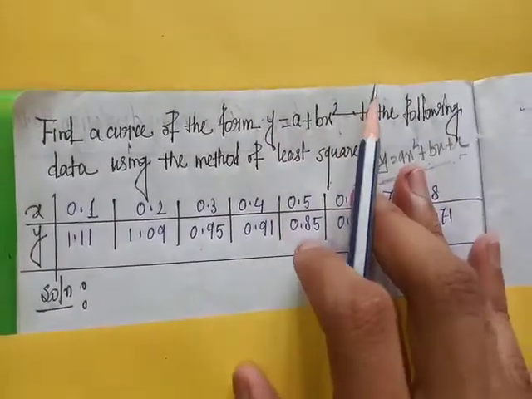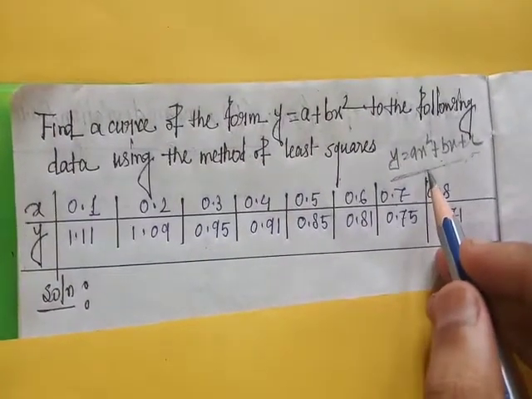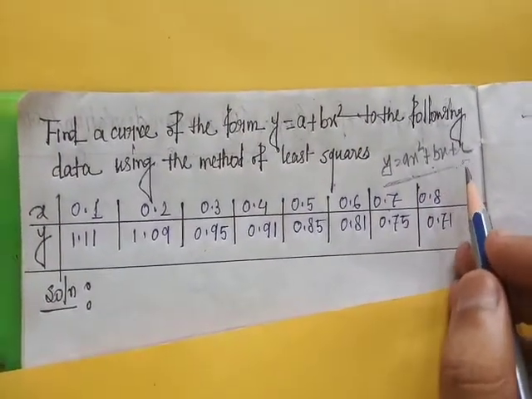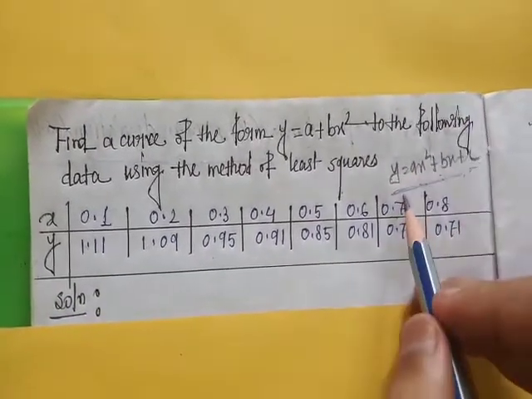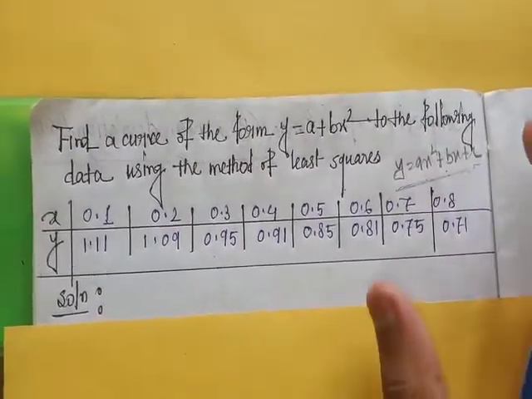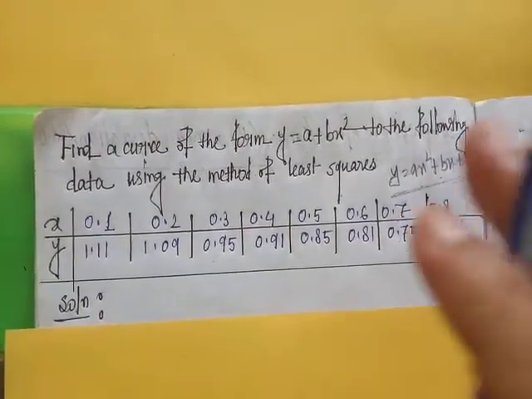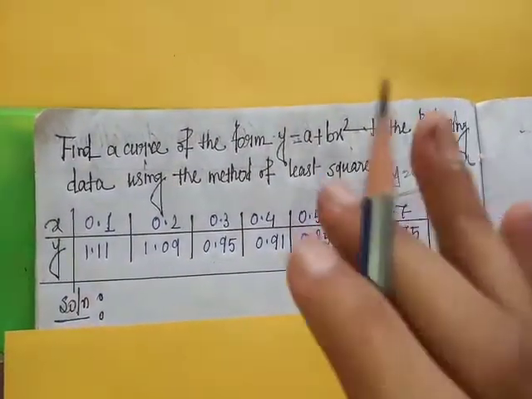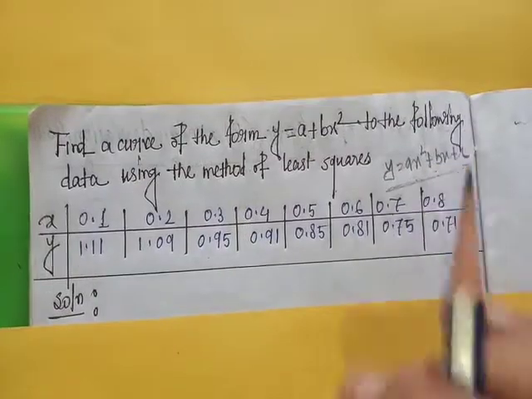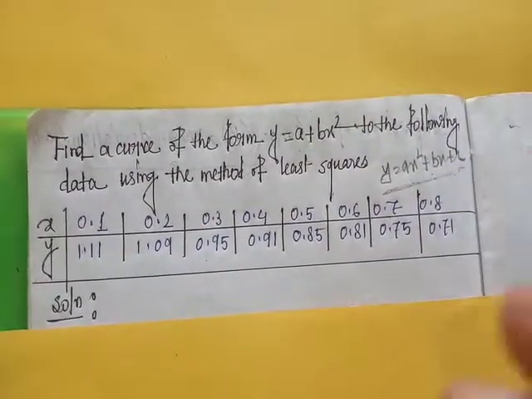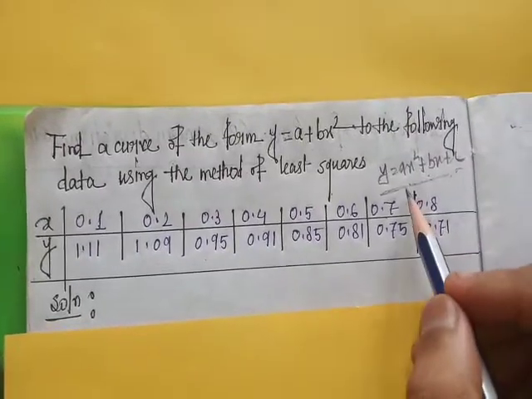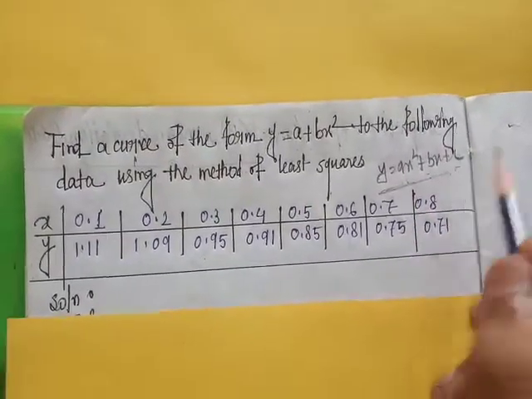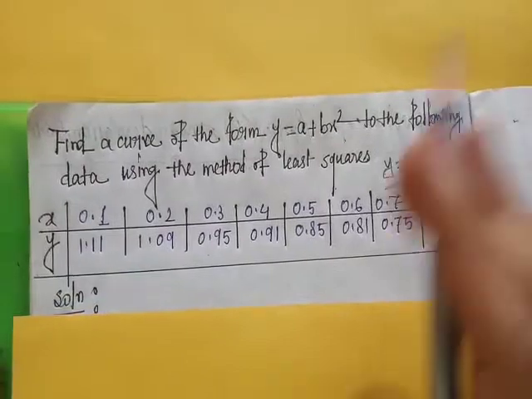Since there are three unknown parameters, we get three normal equations. Please remember this: the number of unknown parameters equals the number of normal equations.